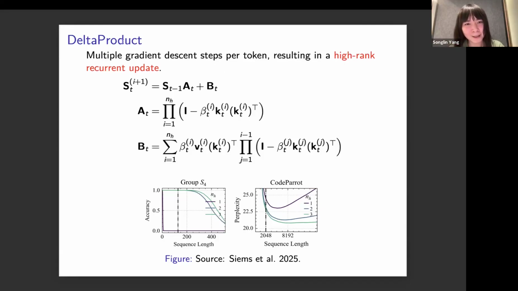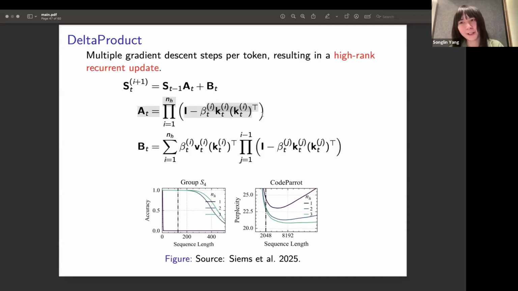And in this paper, they indeed do such a strategy, and I read the resulting form. I think it's more informative because we can see here the transition matrix is now not a rank 1 update matrix. It is a rank n_h, where n_h is the total number of products they use. It is a high rank update, which could greatly improve the expressiveness.